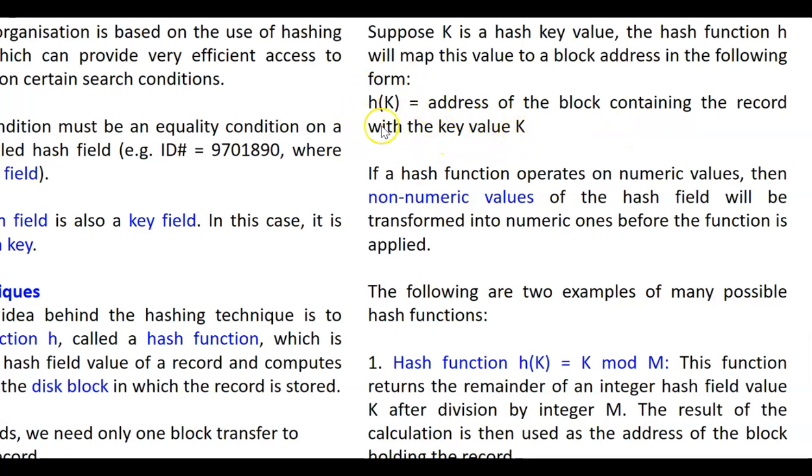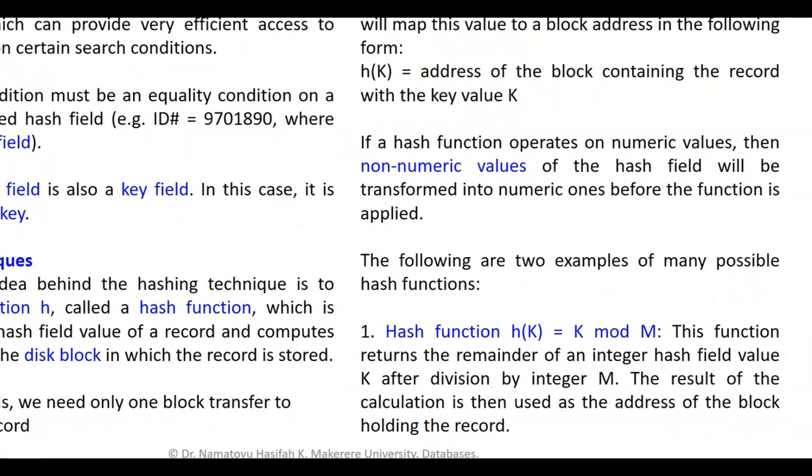That is the function that is going to be applied on the field, and we shall be in a position to know the exact block where that particular record is stored. So if a hash function operates on numeric values, then non-numeric values will have to first be transformed into numeric ones before the function is applied. That's the standard, implying that we need to have numerical values as our hash key.